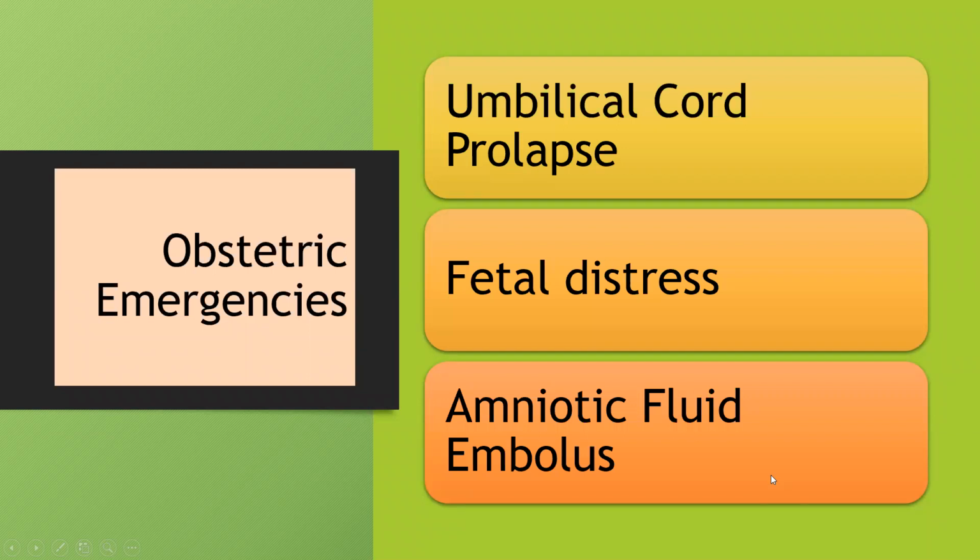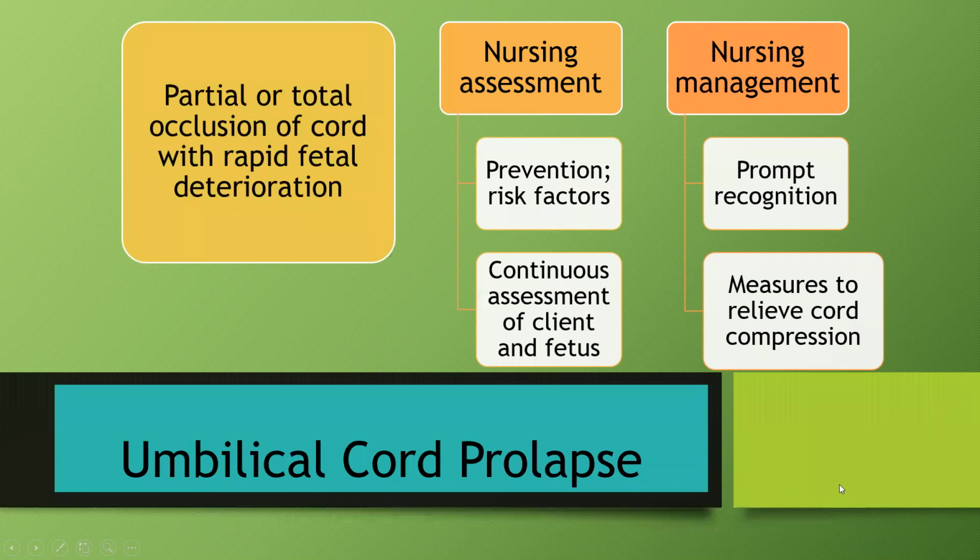Now we're going to move in and talk a little bit about the obstetric emergencies that can happen: umbilical cord prolapse, fetal distress, and amniotic fluid embolus. So when I'm talking about umbilical cord prolapse, this is the partial or total occlusion of a cord, and the baby is not going to be able to tolerate that for long.